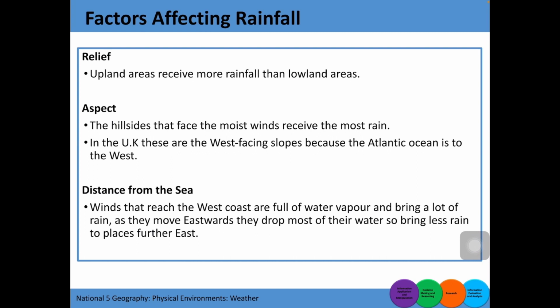Distance from the sea: winds that reach the west coast are full of water vapour and bring lots of rain. As they move eastwards, they drop most of their water, so bring less rain to places further east. You might also want to mention there the North Atlantic Drift. That is where those warm, moist winds are coming from.